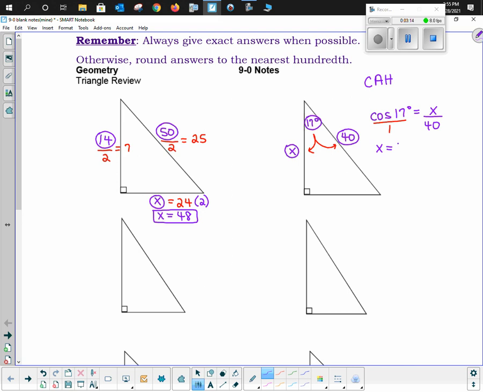The exact answer would be x equals 40 cosine 17 degrees. If you're more comfortable putting the cosine of 17 in parentheses, go for it. But technically, you don't need it. That's your exact answer that I expect to see before you type in your calculator to get, now this is going to be rounded to the nearest hundredth, we should get 38.25. It's a side, so it's a length, no degrees.